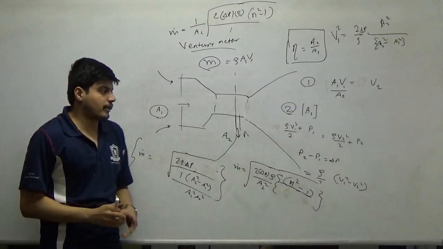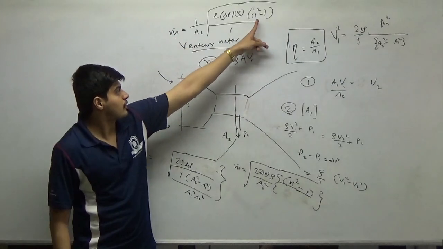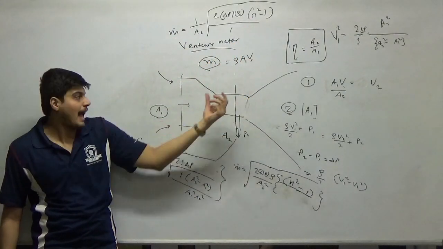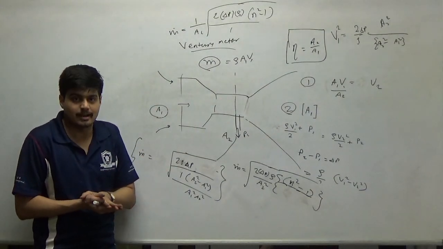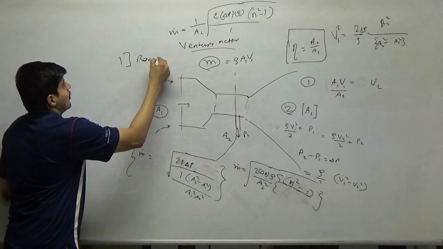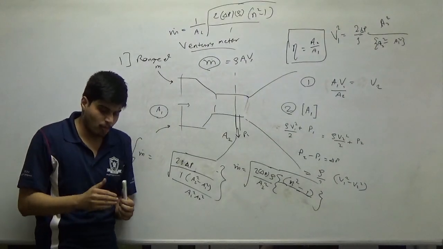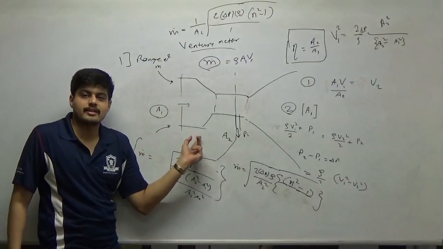The important idea here is, smaller the mass flow rates that you want to measure, smaller the eta has to be. More and more constriction, but as you start constricting your venturi meter too much, non-linearity effects come, which means venturi has a range of m dot in which it works linearly. Moment you cross that range, moment you want to measure very low mass flow rates, this technique is redundant.